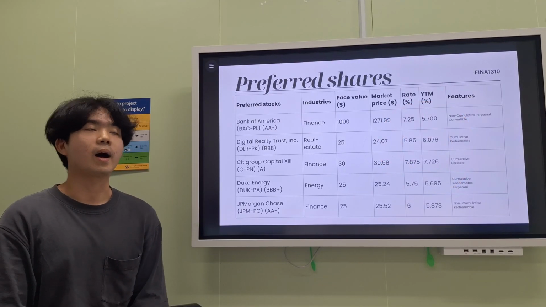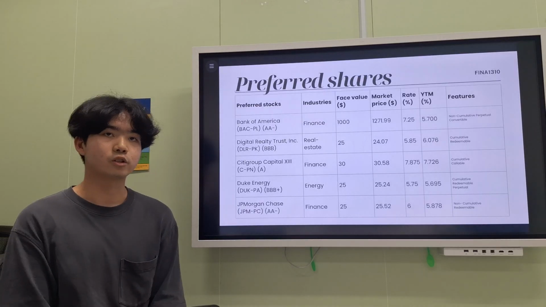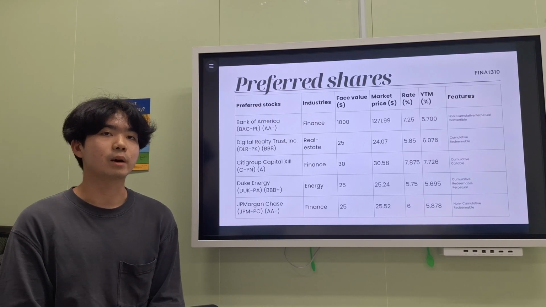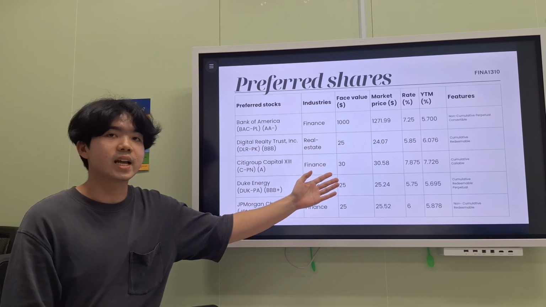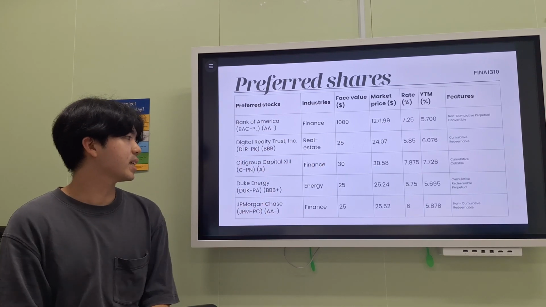So for the preferred stock part, we have looked into 5 different preferred stocks, which are commonly traded in the stock markets. So they are from different industries, they have different yields, and they have different features, as you can see in the table here.